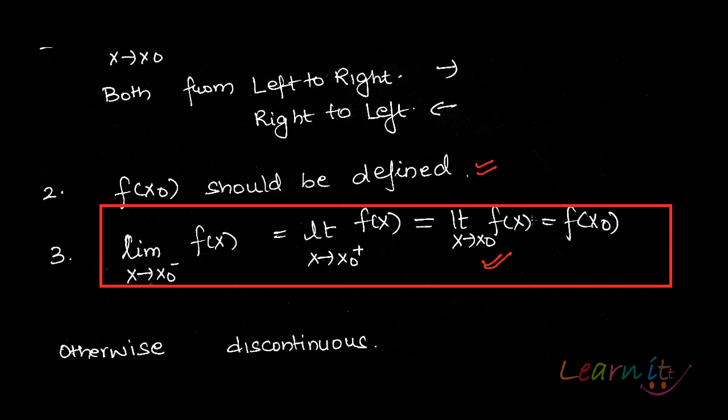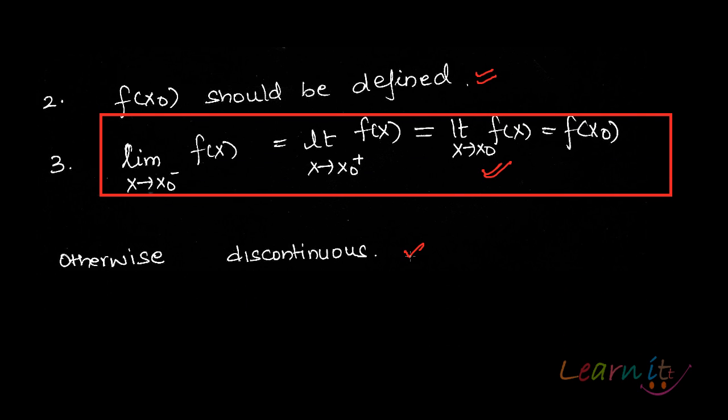In case any of these three is not met, the function is said to be discontinuous, because that would mean that the function has some break somewhere.